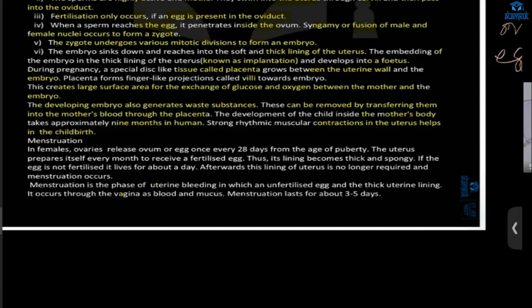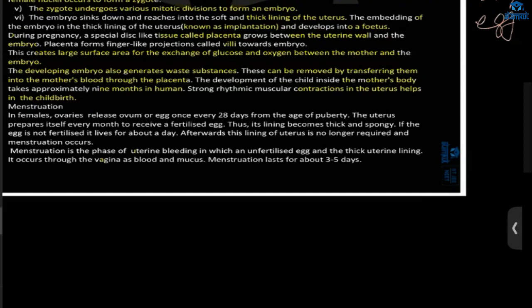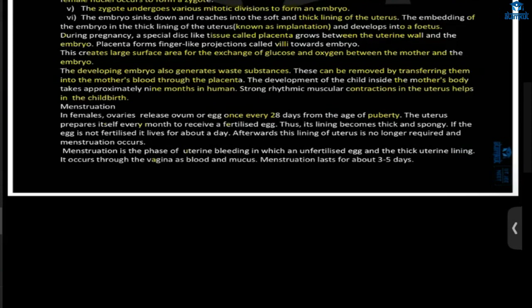Let's see menstruation. I've already talked about this. The ovaries release an ovum once every 28 days. The lining of the uterus prepares itself every month to receive a fertilized egg. Thus, it is lined, thick, and spongy. If the egg is not fertilized, it lives for about a day.